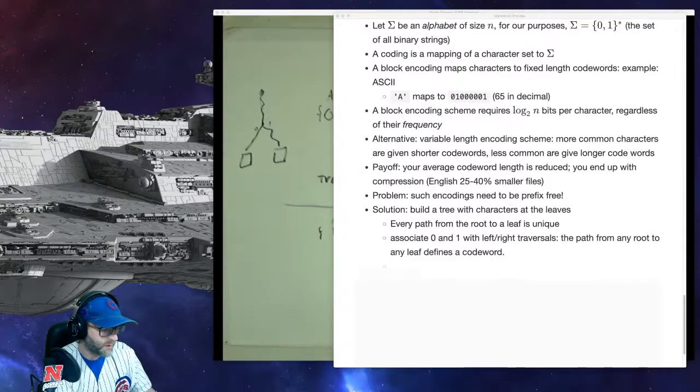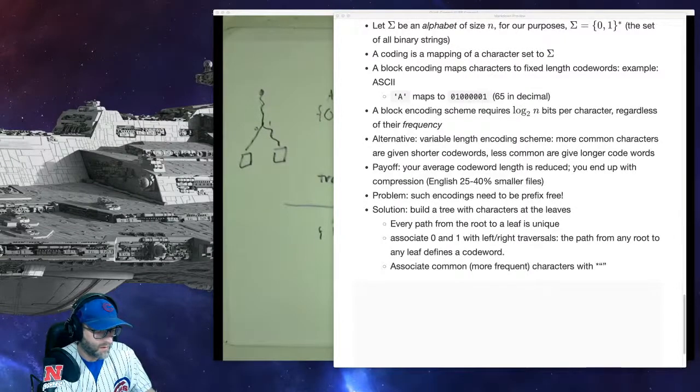Furthermore, what we'll do is associate common, more frequent characters with shallow leaves, and less frequent characters with deeper leaves.